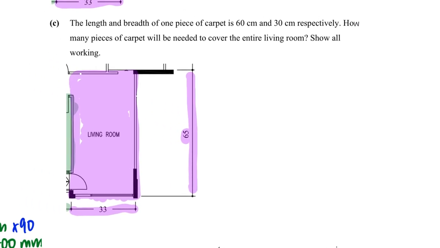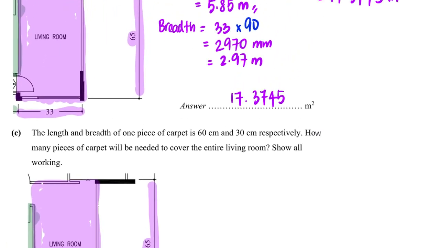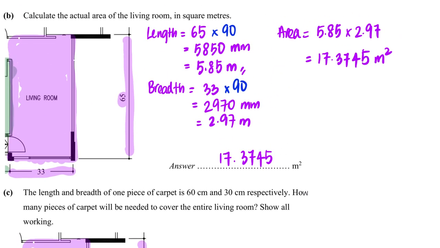So for here, take note, this one is in cm, so my 65 I would just need to convert to the actual length, which we already found, right? We already have this already, and this.